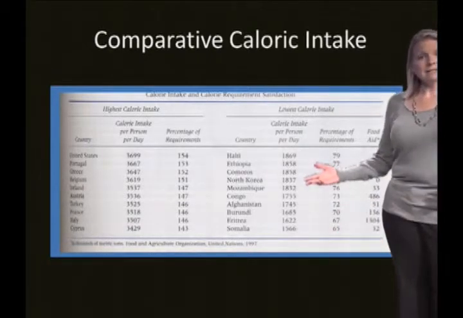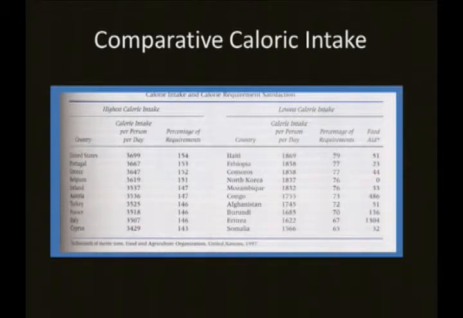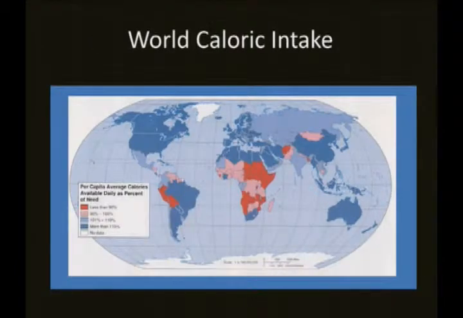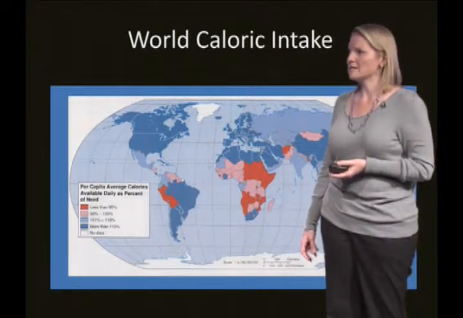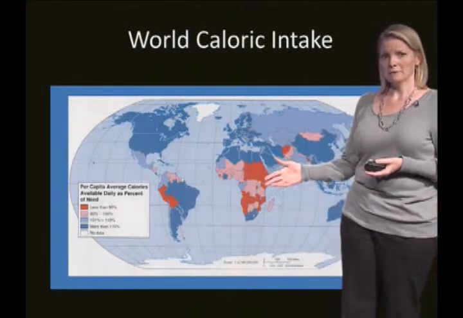We can look at it in a tabular format, but frankly, geography is a very visual discipline. So what if we take similar data and transform it into spatial relationships? In this case, we're looking at per capita average calories available daily as a percent of need. This can be much more impactful.